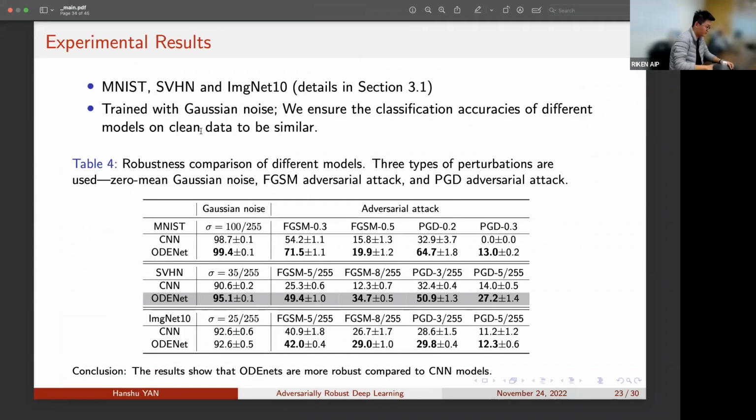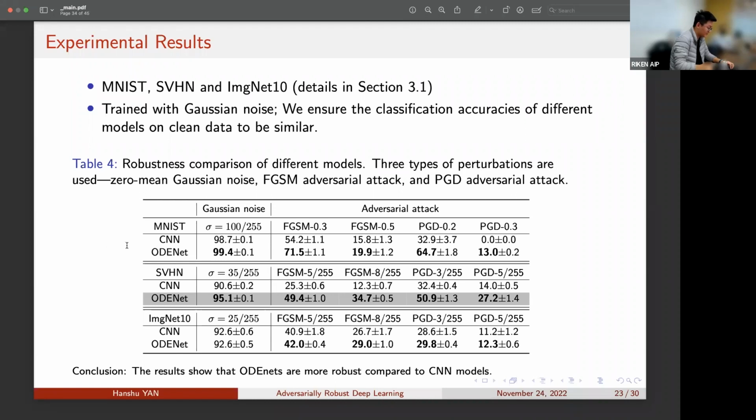We evaluate the performance of ODE-Nets and CNNs on different datasets, including MNIST, SVHN, and ImageNet. Because at that time, in 2020, training NeuralODE was computationally very expensive, we collect a subset of ImageNet. We train the model with Gaussian noise augmentation, and we also make sure that the classification accuracy on the clean data of different models is similar.